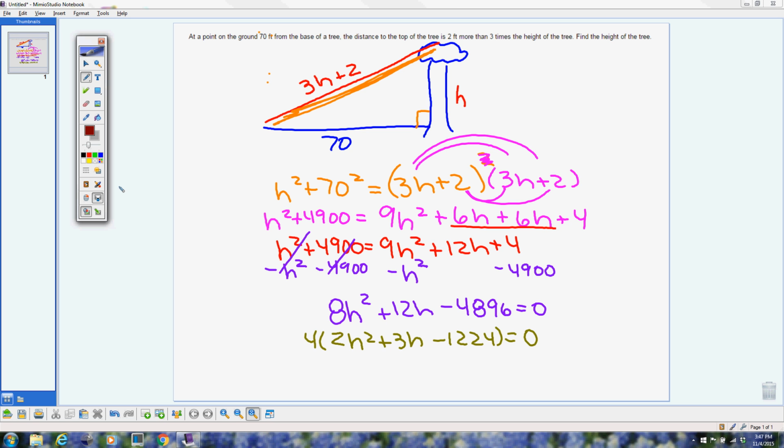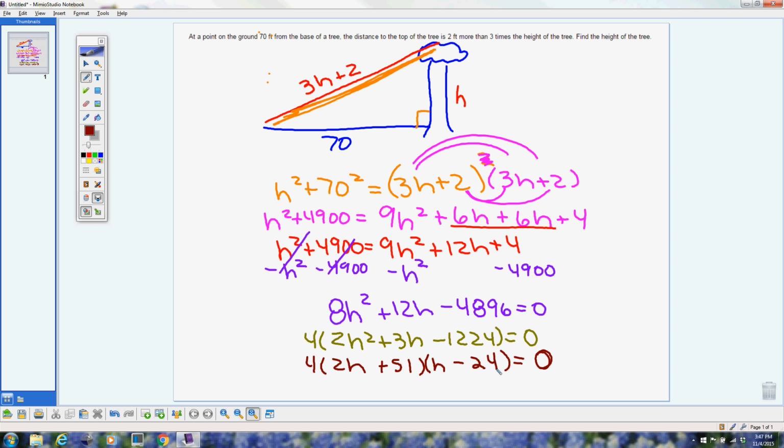So remember from your rules for factoring, you're going to have your 4 on the outside, and then you're going to have 2h times h. Then you want to put in all the factors of 1,224 and see what's going to make it add up to 3 in the middle. And what works is a positive 51 here and a negative 24 over here.